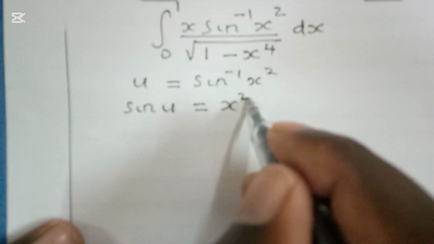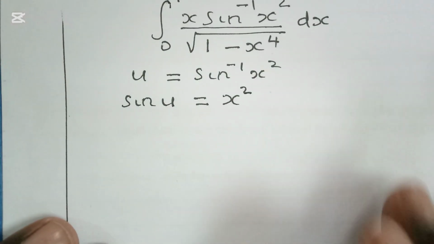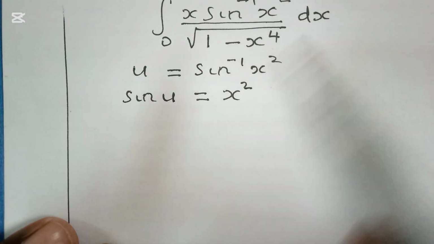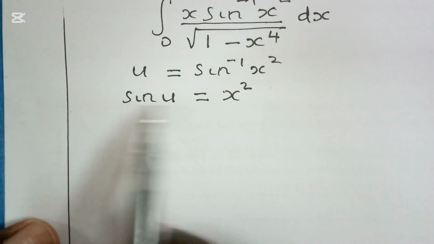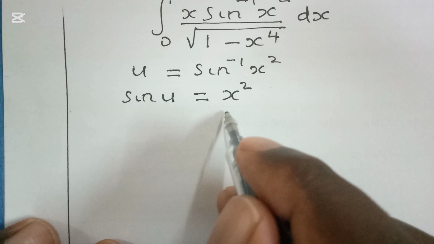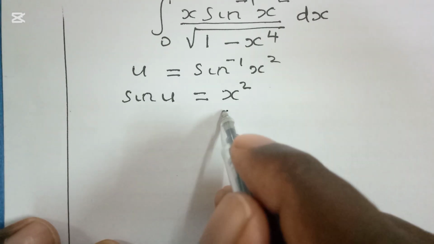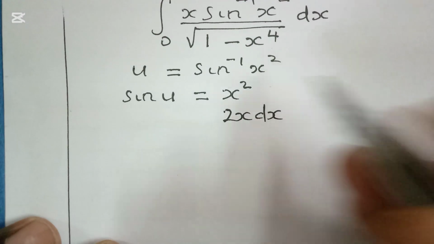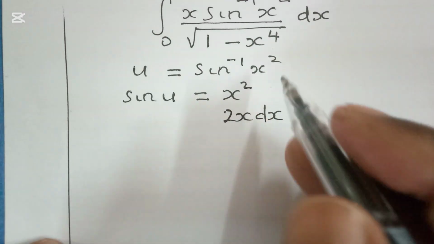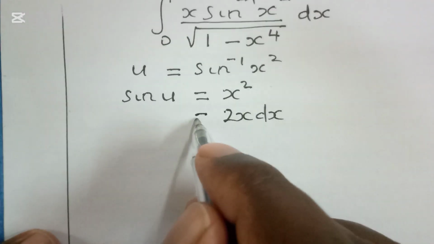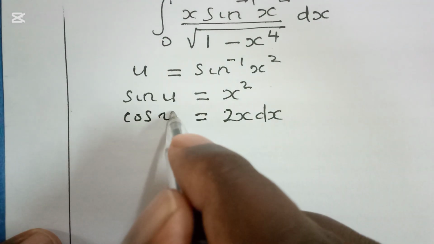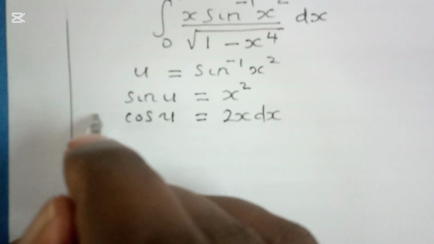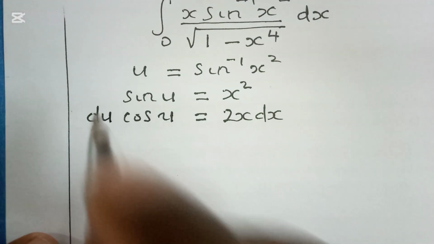From there, I can now find the derivative, because I'm going to replace dx with du. So I find the derivative for that. This gives us 2x dx all over du. I can write du on this other side. This is now going to give us cos u, and I write du on this side.